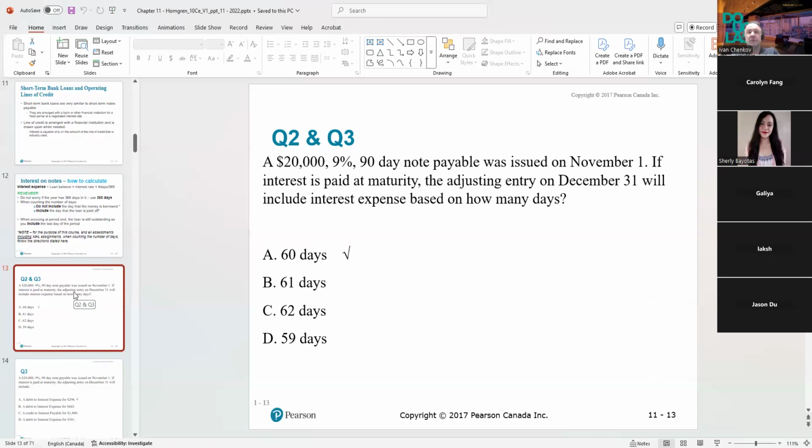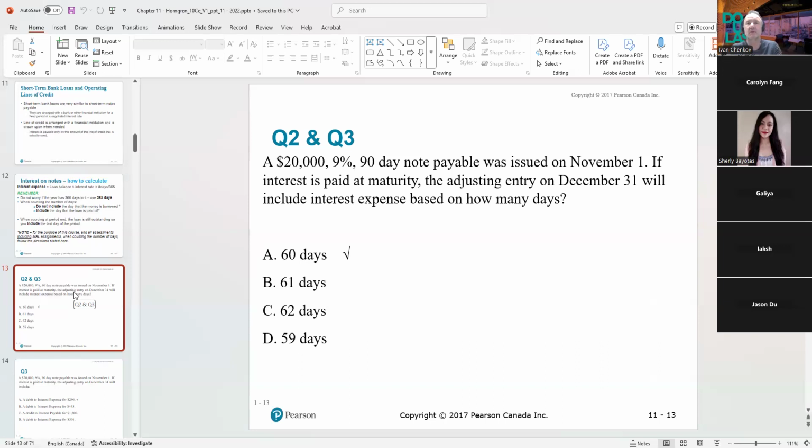Now, what's the difference with the Pearson assignments? They shifted the day to the other side. On the day that you borrow, you don't owe interest, but on the day that you pay back, you owe interest. That's the only thing. But again, in real life, once you get the money, you owe interest.